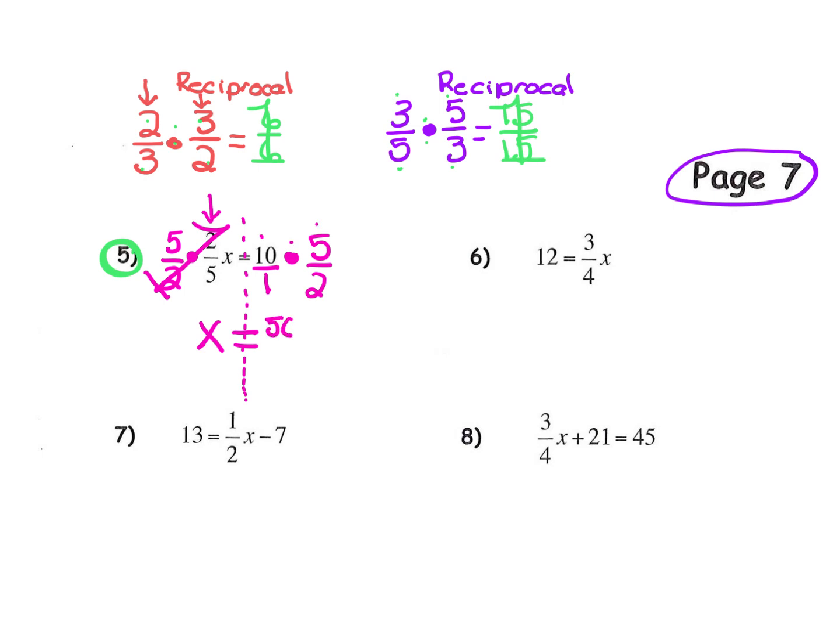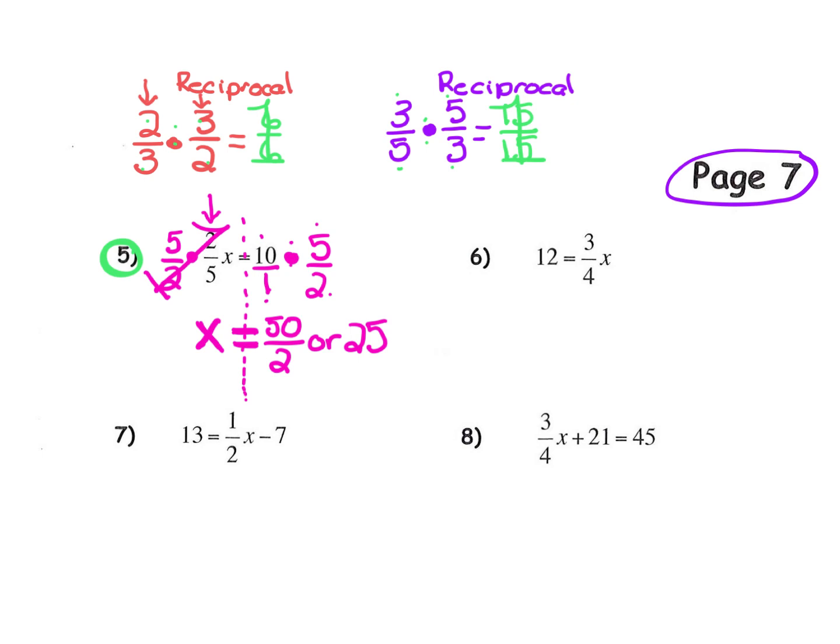The numerator is 50, bottom times bottom, the denominator is 2. And when you divide on your calculator, 50 divided by 2, we get the answer 25. X equals 25.